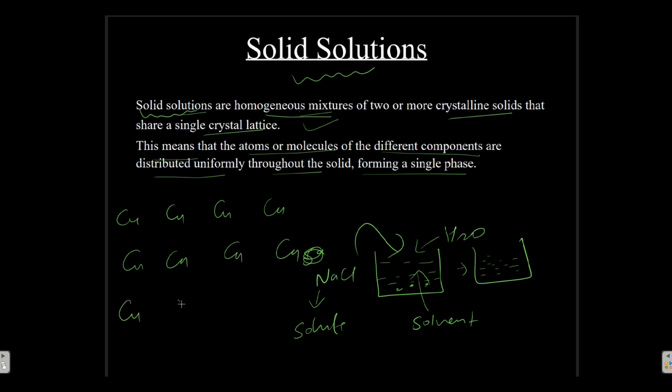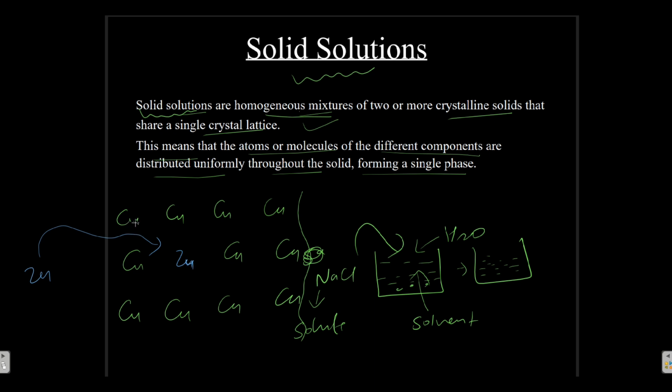Copper. Similarly, copper. So this copper that we just arranged in its crystal lattice, that is brass, right? But if we take zinc as impurity or another phase or solute, then what will happen? This zinc will come over here, and zinc will just replace this copper and occupy this position.